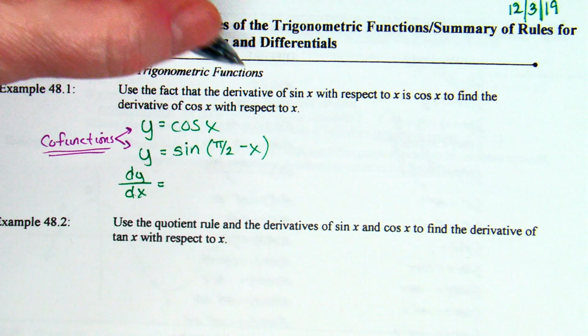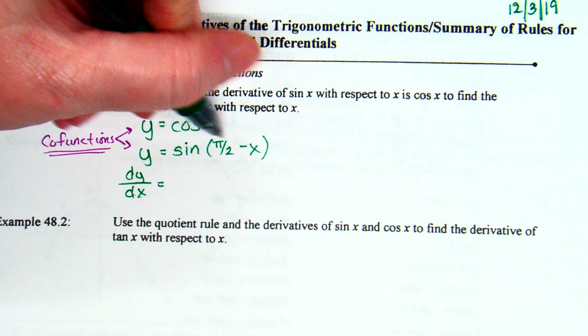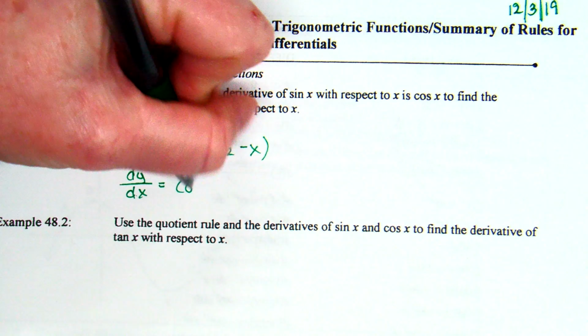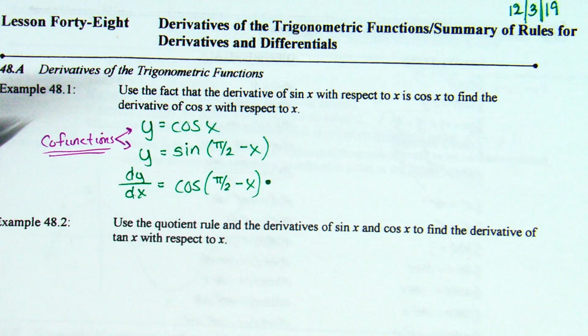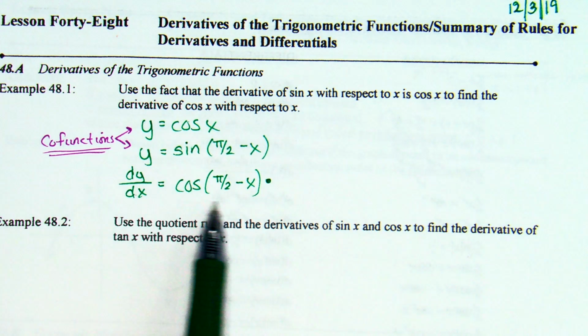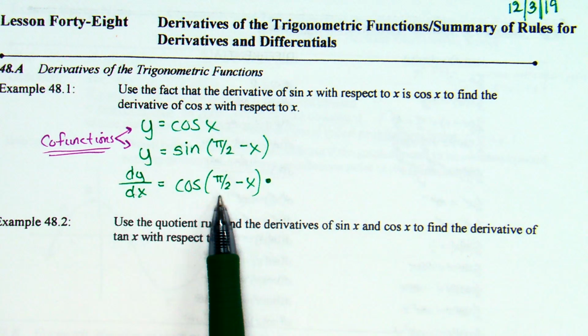But then remember, you have to do the chain rule: derivative of the outside times derivative of the inside. What's the derivative of pi over 2 minus x? Pi over 2 is just a number, so the derivative of a number goes to 0.